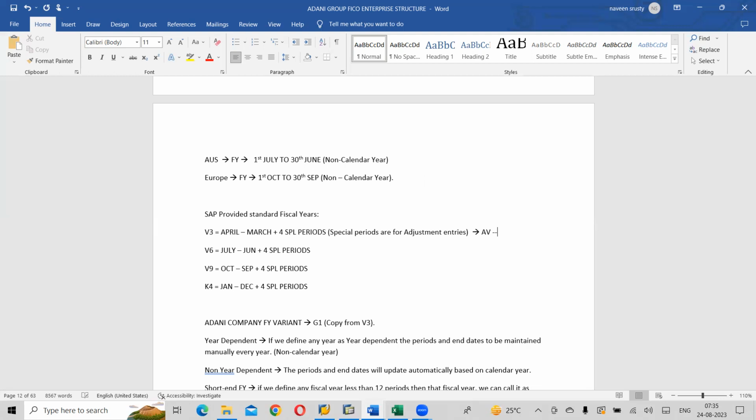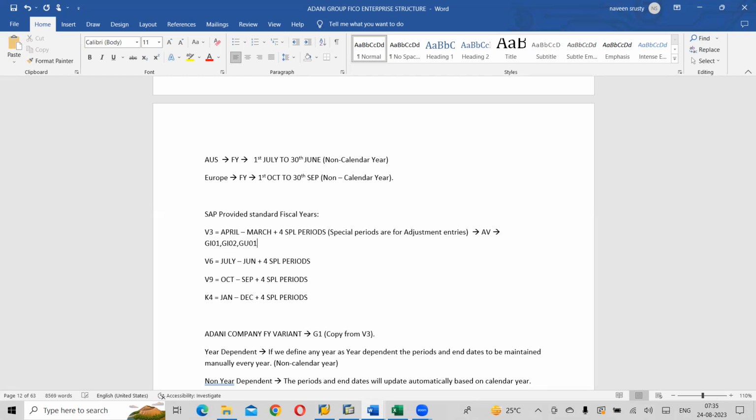What are the company codes we are having? GI01, GI02, and GU01. So I'll integrate this fiscal year variant to these 3 different company codes: GI01, GI02, and GU01. Clear?